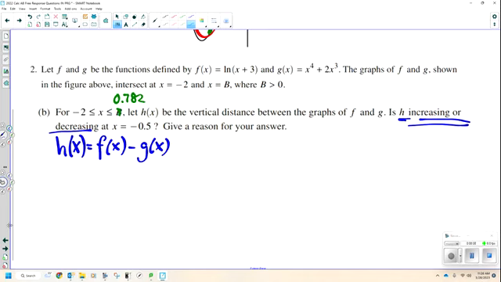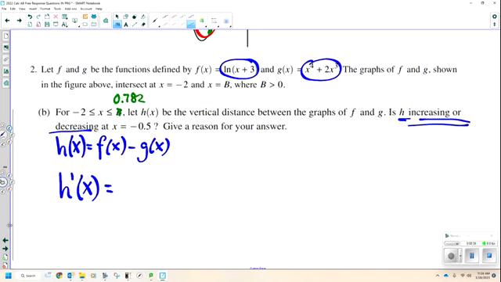Now, increasing or decreasing means I'm going to look at the derivative. If the derivative is positive, it's increasing. If the derivative is negative, it's decreasing. It's that simple. Don't sit here and try and take the derivative of the ln of x plus 3 and the ln of x to the fourth plus 2x cubed by hand algebraically and do all this hard work.